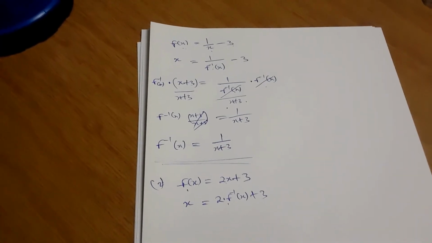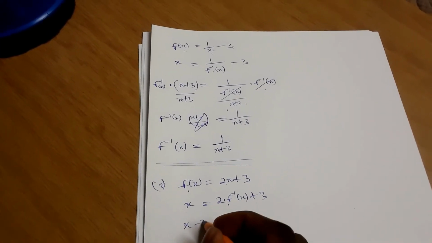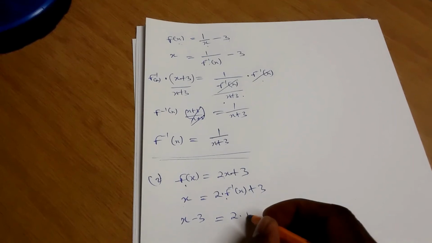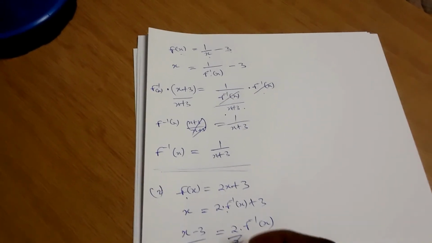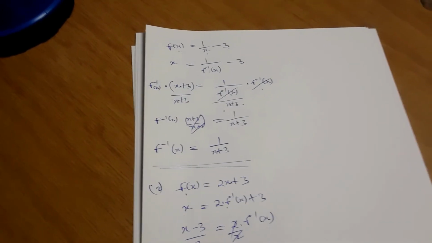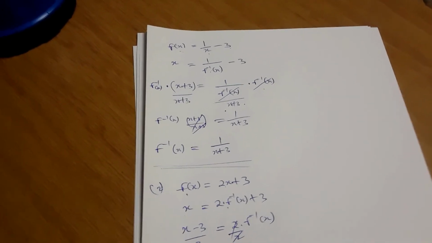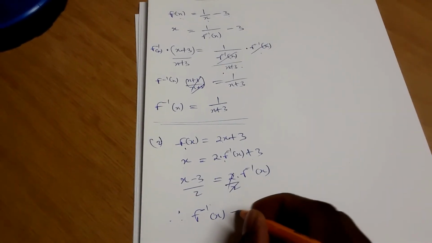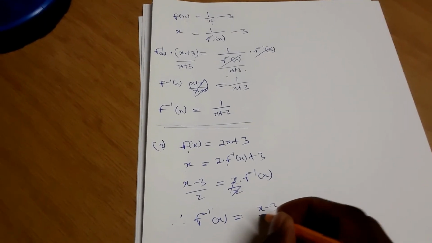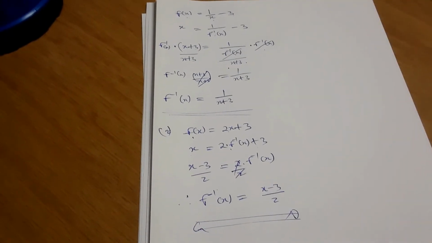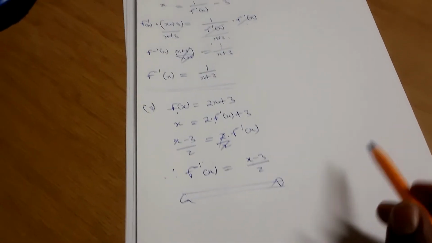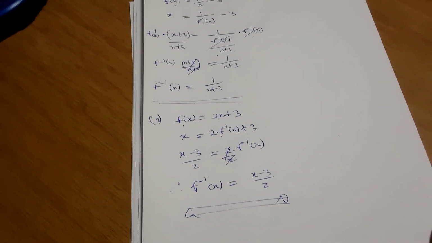We make this the subject of the formula, so x minus 3 is equal to 2 multiplied by the inverse of f of x. You divide by 2. Therefore the inverse of f of x is equal to x minus 3 over 2. So you can see that these are actually simple things, guys.